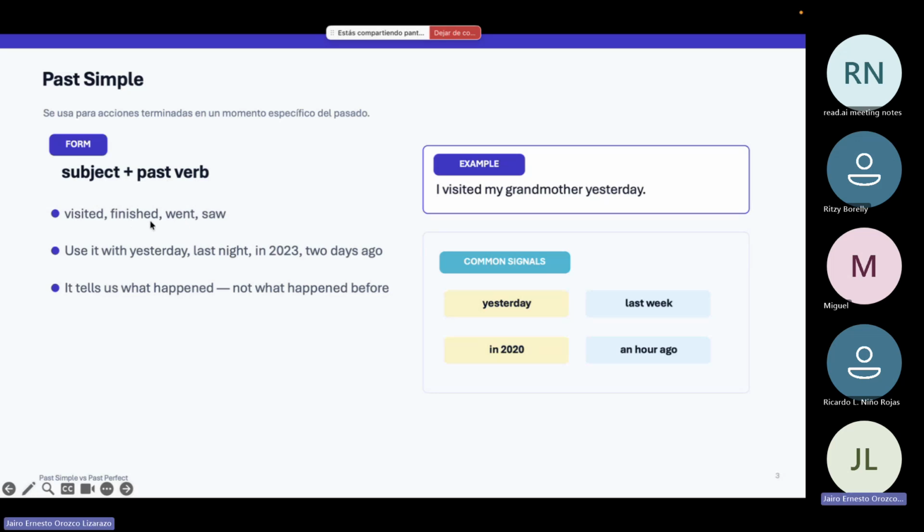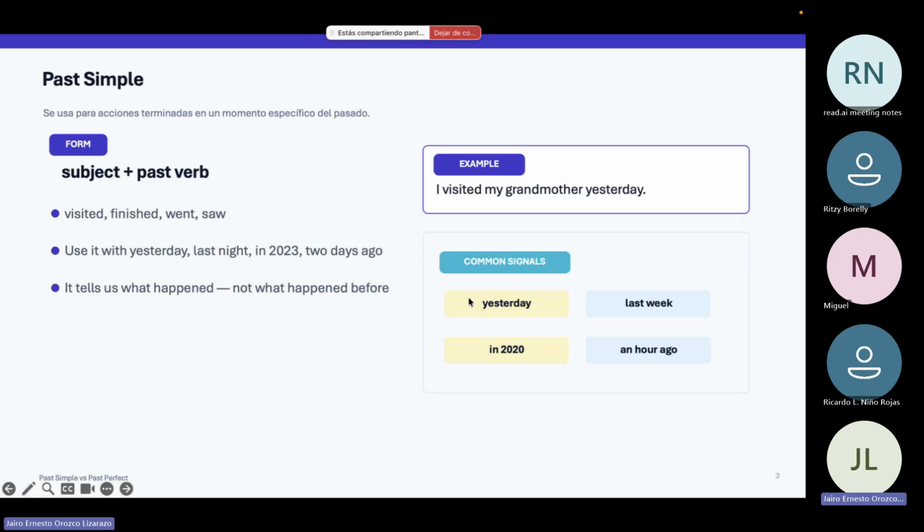From the verb visited, finished, when. So we use some very common complements: yesterday, last night, years, two days ago. So it tells us what happened, not what happened before. It tells us what happened and when it happened, because we have to specify.